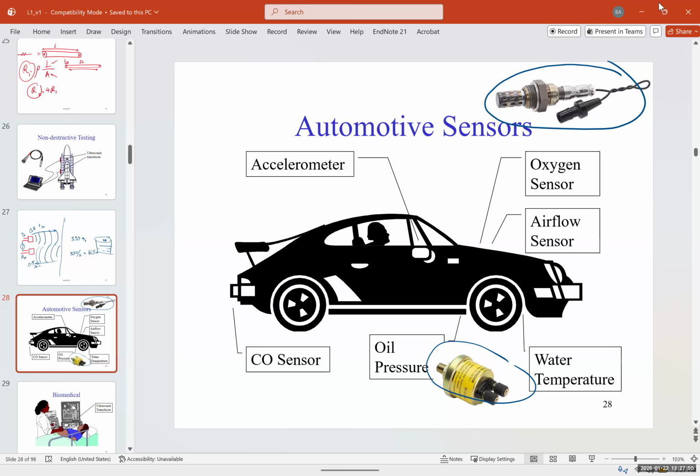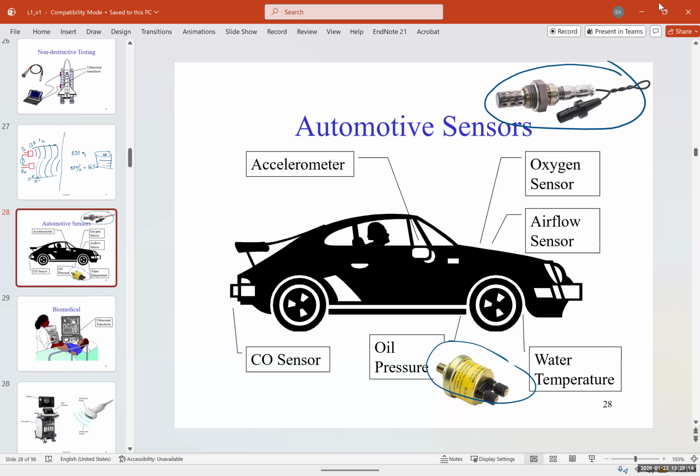And there are sometimes 10 or 20 different sensors in the gearbox if you have an automatic transmission, detecting which gear is optimal, and so on. The RPM sensor. So these are just some of the sensors that we have in a car.